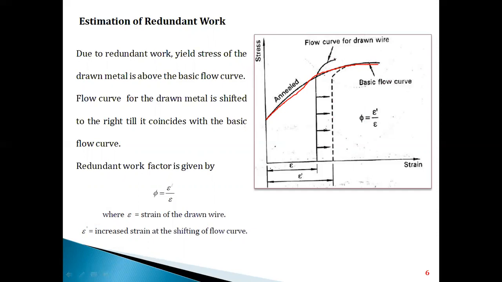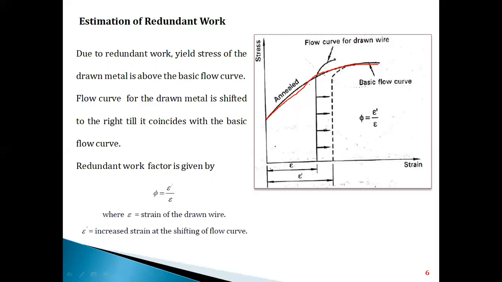So what happens to redundant work, and what is its effect? Let us study in detail. If you observe the graph carefully, the flow curve for this drawn wire is crossing and superimposing the basic flow curve of the same annealed material.